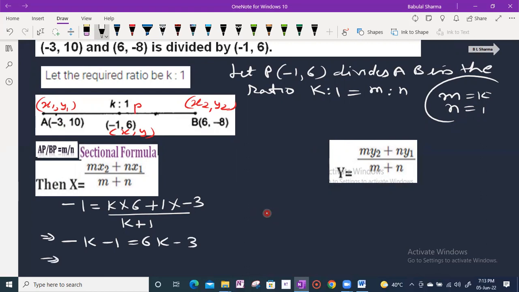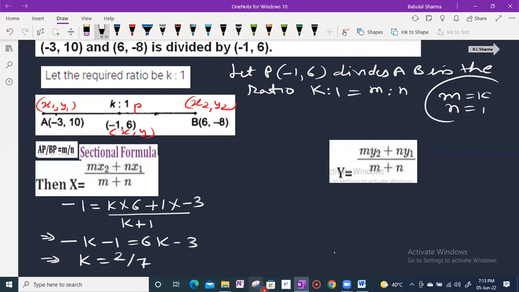On further simplification, I can write k is equal to 2/7. Right, because 7k will be equal to 2, so the value of k will be 2/7.